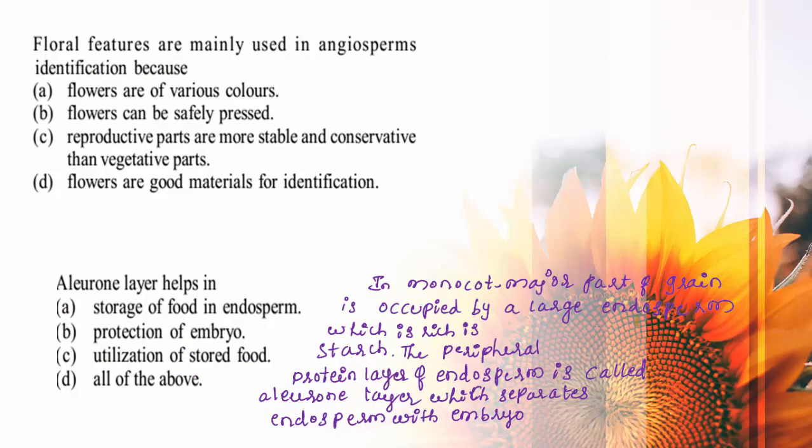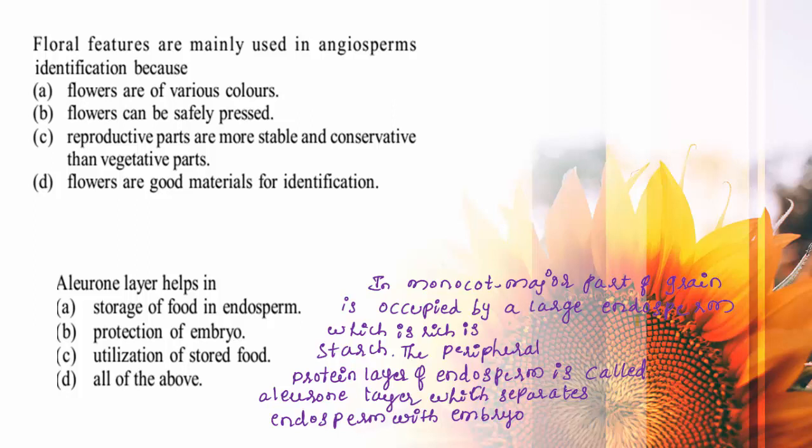Floral features are mainly used in angiosperms identification because flowers are of various colors. Flowers can be safely pressed. Reproductive parts are more stable and conservative than vegetative parts. Flowers are good materials for identification.